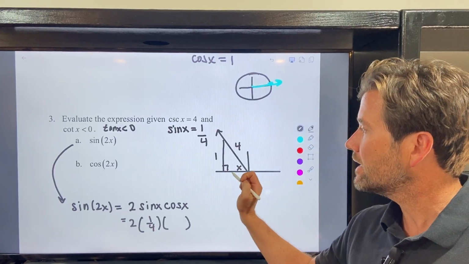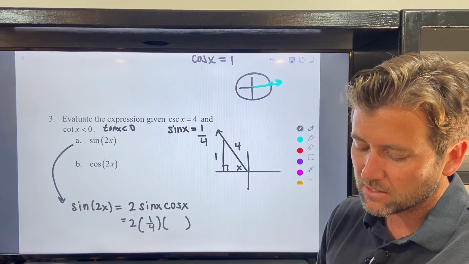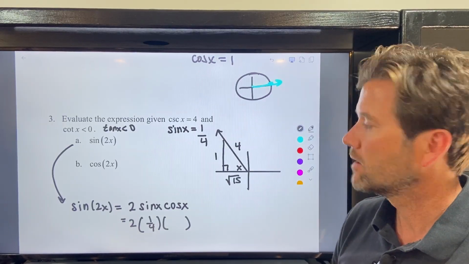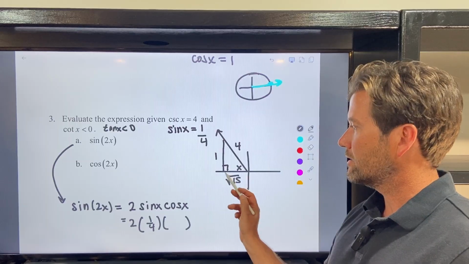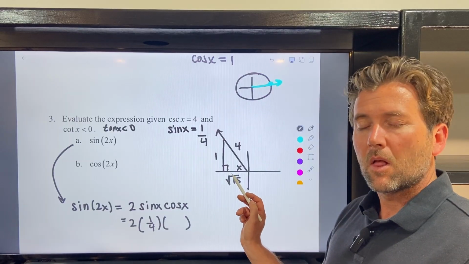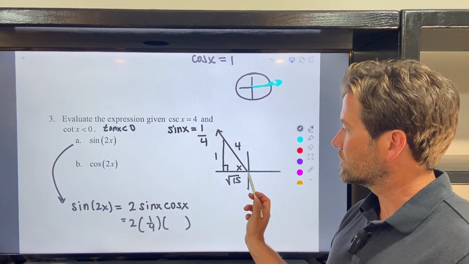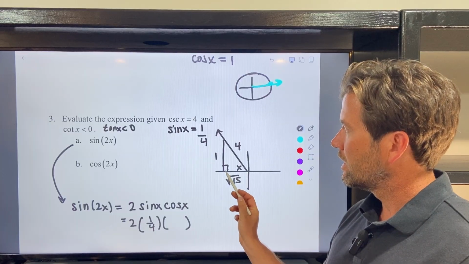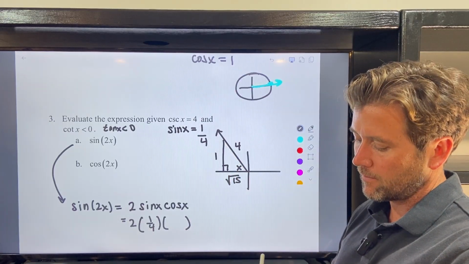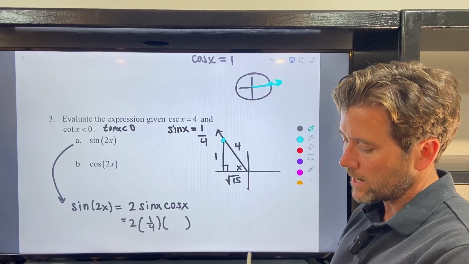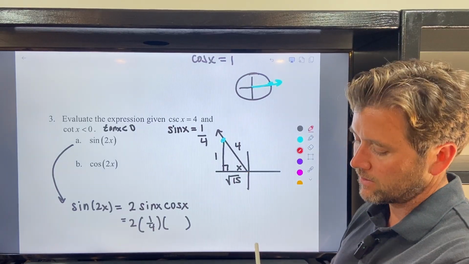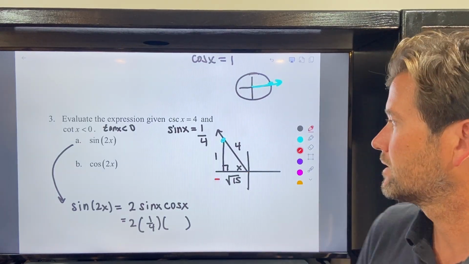This missing side squared equals 15. That means the missing side is square root of 15. That's the length of this base. But direction, if I start at the origin, I'm going left and then up to get to this point up here. So direction-wise, if I'm going left, this has to be negative.